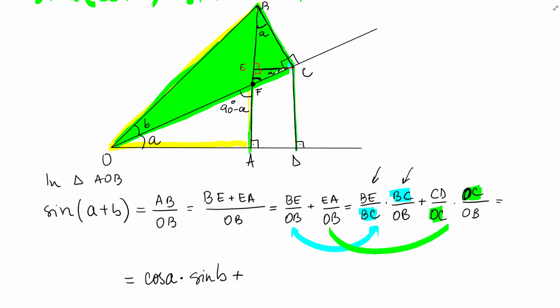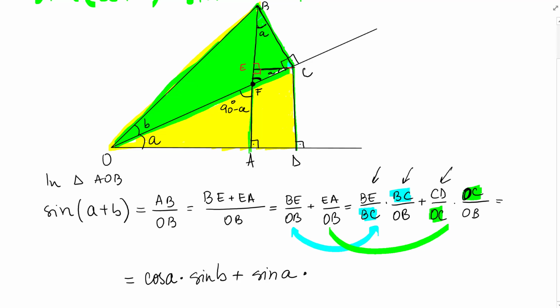Plus, let's look now at the CD over OC. CD over OC, that would mean that they are sides in the yellow triangle, CD and OC. So CD and OC, it's actually sine of A, opposite side and hypotenuse, times, and then OC over OB.